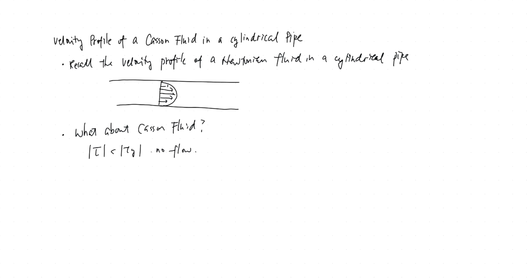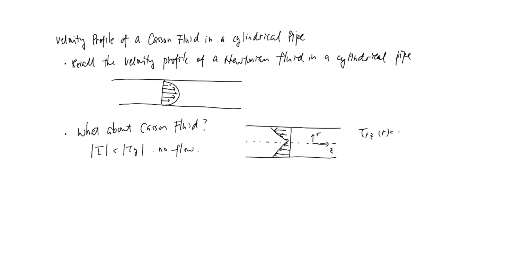So let's look again at the viscous shear stress distribution. It's linear in R. So this is the center line. This is the R coordinate. This is the Z coordinate. So tau RZ as a function of R is minus R delta P divided by 2L.